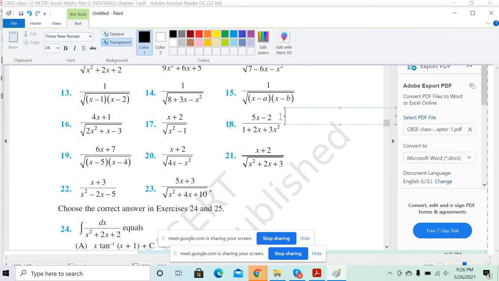You are getting, Vijay, completing the square, 1 plus 2x plus 3x square. Yes, I'm getting it. Excellent.